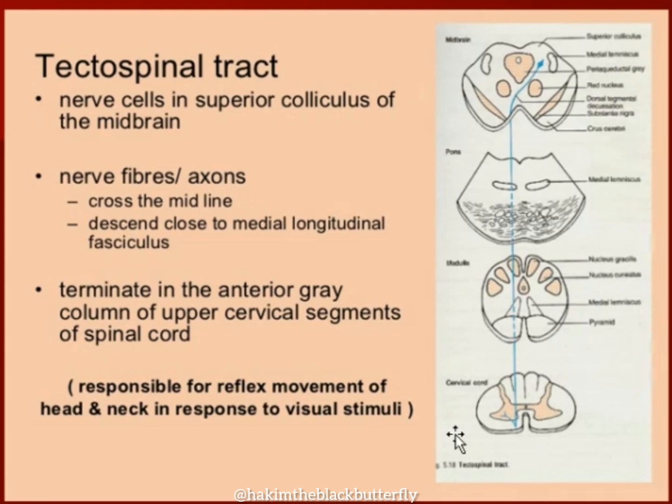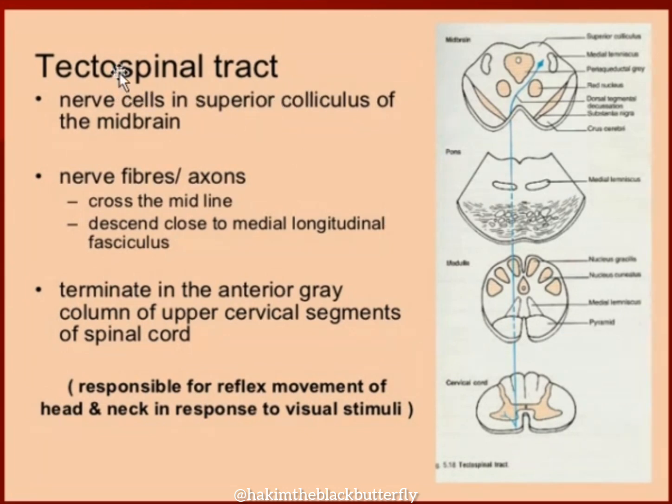Reticulospinal Tract. This is another component of the extrapyramidal tract which originates from the midbrain. The midbrain has a part known as the tectum, and that part has a structure known as the superior colliculus.